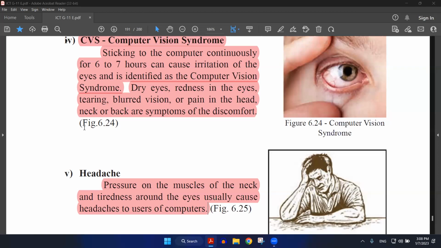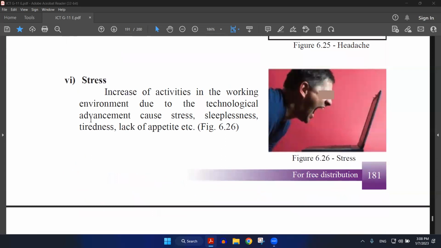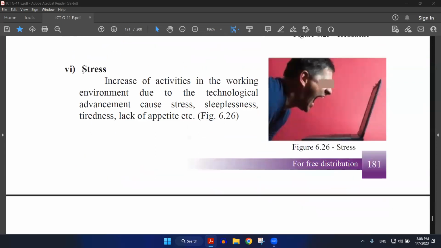Right. Okay, so after the headache, it's going to be the stress, the very last one.